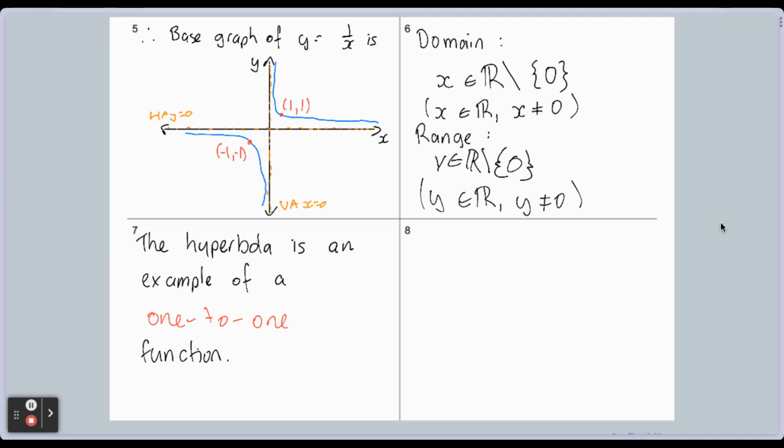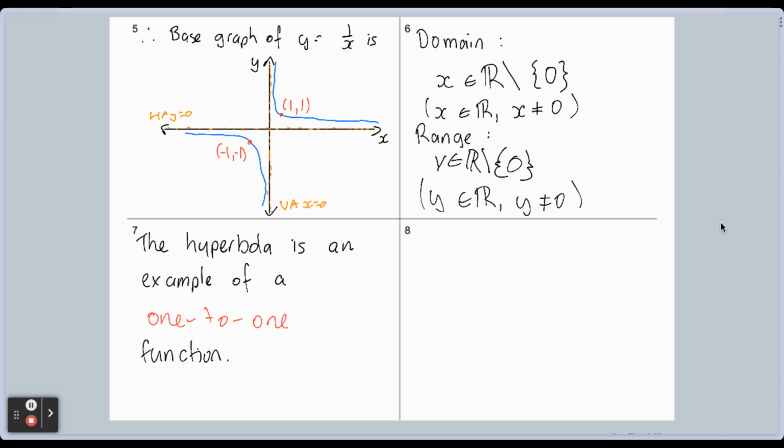The hyperbolic function is an example of that because (1, 1) is the only pair. There's no (3, 1) or (-2, 1). The output of 1 is only tied to the input of 1. The output of -1 is only tied to the input of -1. The y value of 1 only comes out from putting in an x value of 1. That's what makes it a one-to-one function.